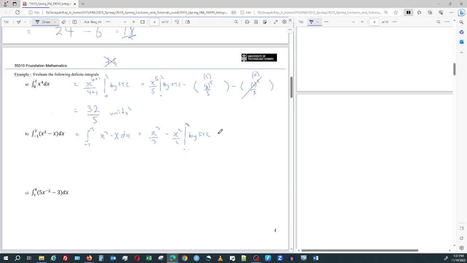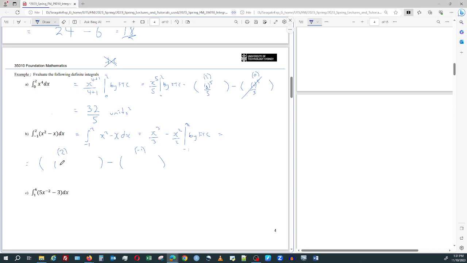So the next thing then will be to set up our scaffolding, and our scaffolding is our two antiderivatives loaded with values. -1 is going to be dropped into any x values there, and 2 will be dropped into any x values there.